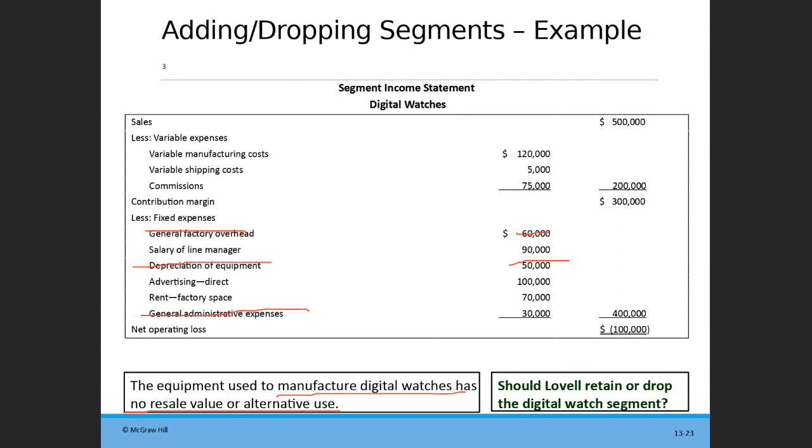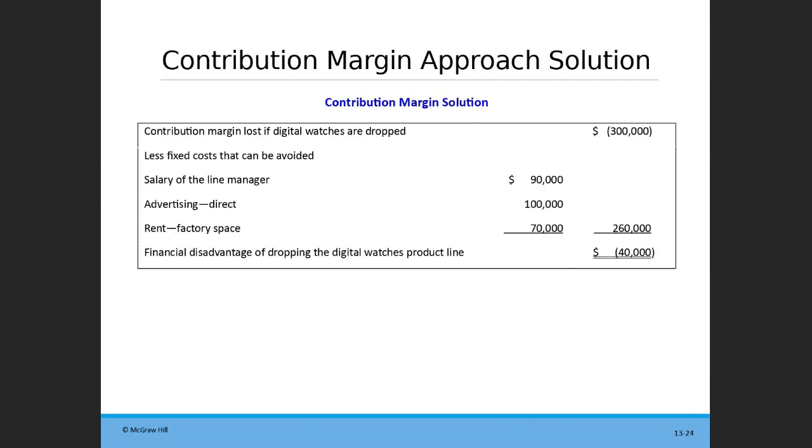Okay, so what does that mean? Well, let's take a look. If we look just differentially, now we're taking the contribution margin, right? Because the rest of it doesn't matter. The variable doesn't matter for this decision because we're talking about after the contribution margin.